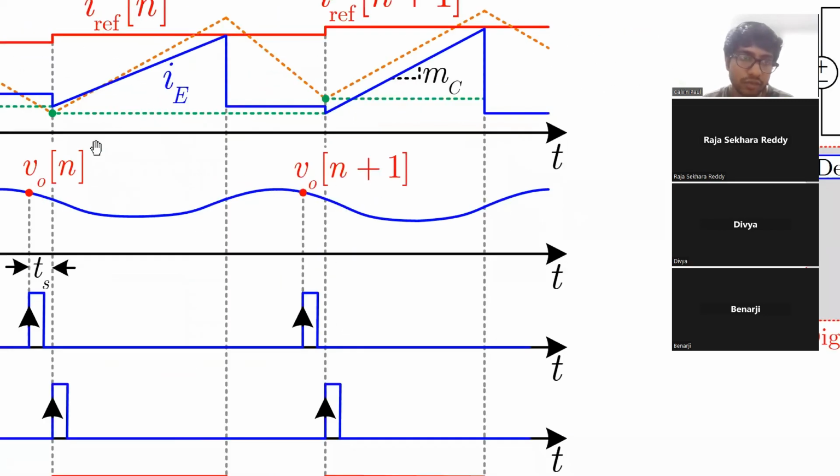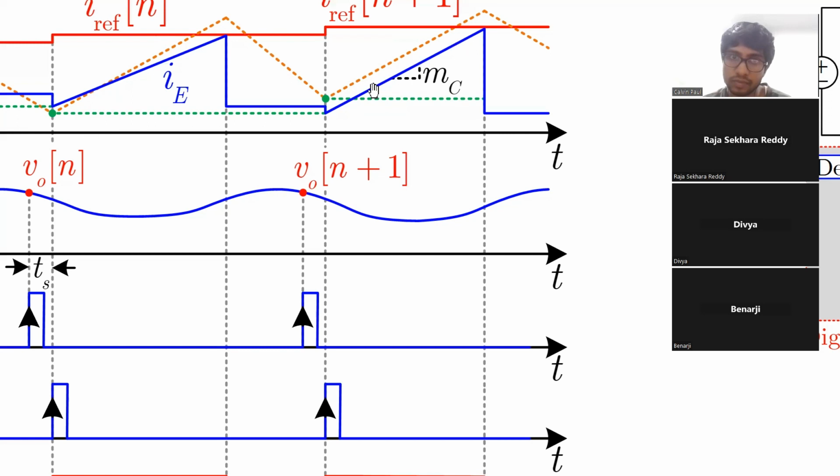Okay, just see over here. The orange one is the actual inductor current, the inductor current which is flowing in the circuit. Now I've given the sampling command that you must take the sample. The ADC captures the sample, and it will convert and compute everything. But this captured value of the valley inductor current in this cycle is used in the next cycle, and to that we add the ramp.